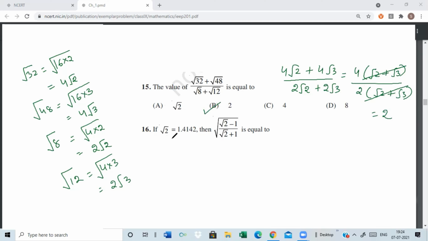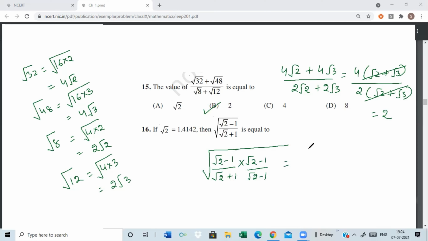Now question 16. They have given us the value of root 2 and we have to evaluate the square root of root 2 minus 1 by root 2 plus 1. First of all, we have to rationalize the denominator here. So we multiply and divide this by root 2 minus 1 by root 2 minus 1, because we have to take the conjugate of the denominator.